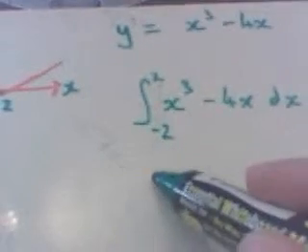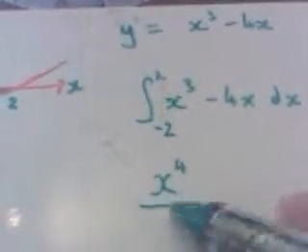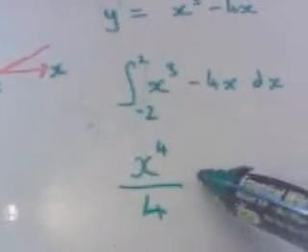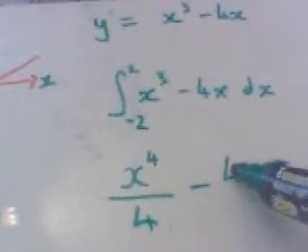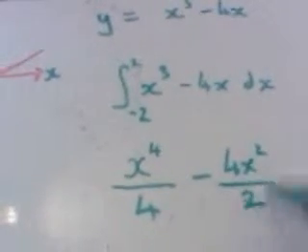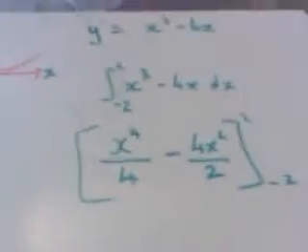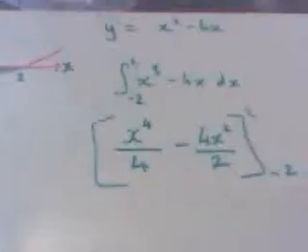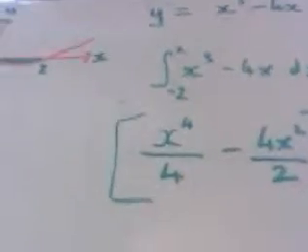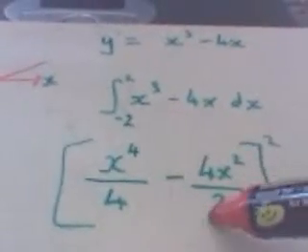So if I integrate x cubed, it becomes x to the power 4 over 4 minus 4x squared over 2 between the limits 2 and negative 2. So clearly we've got some cancellation here.